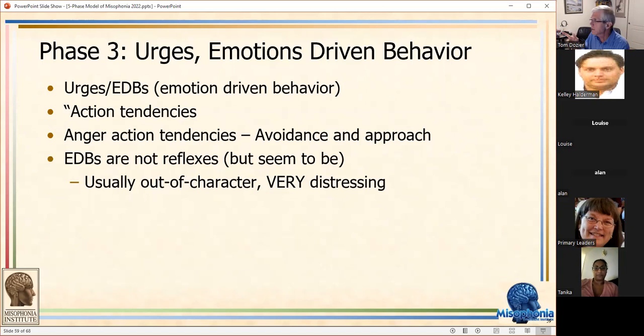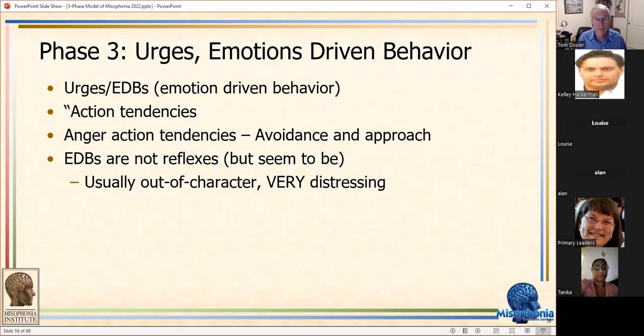But if you're orienting to find where it is, or you're trying to figure out what can I do to stop it, that's the emotion-driven behavior, and you have a tendency to either avoid or approach and take action on the anger. So even though these seem like reflexes, they're not. They can be changed, okay?